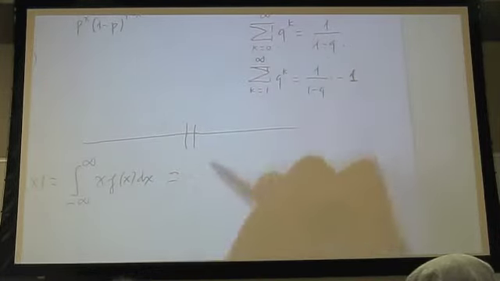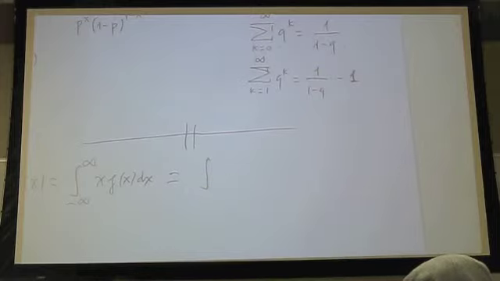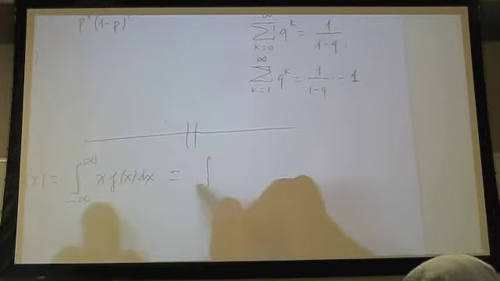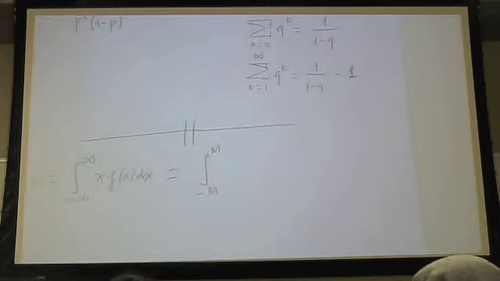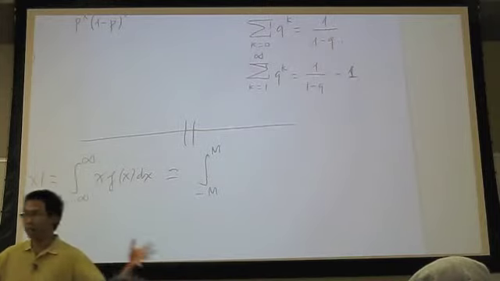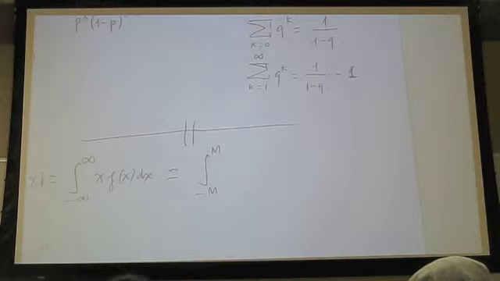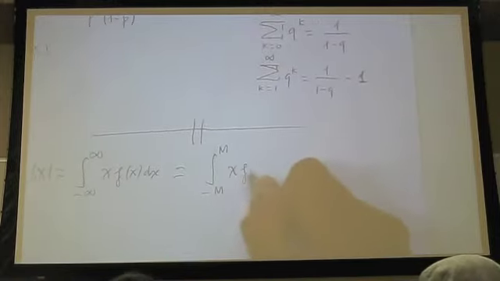Now, they told me that x is bounded, so outside of negative m and m the thing is going to be 0, right? Therefore, I just have to cut my integral down to from negative m to m of x f(x) dx.